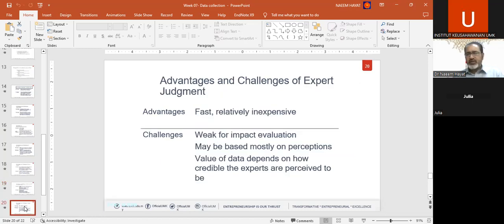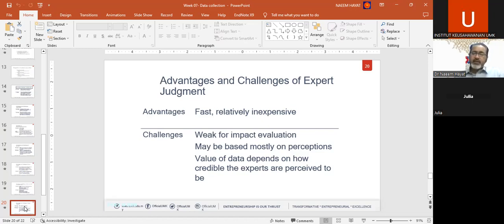Another way of data collection is expert judgment, where we go to some expert people, ask them about the issue, and gain an understanding of it. The advantage is that it is fast and relatively inexpensive, but only when the experts agree to give their feedback and response.